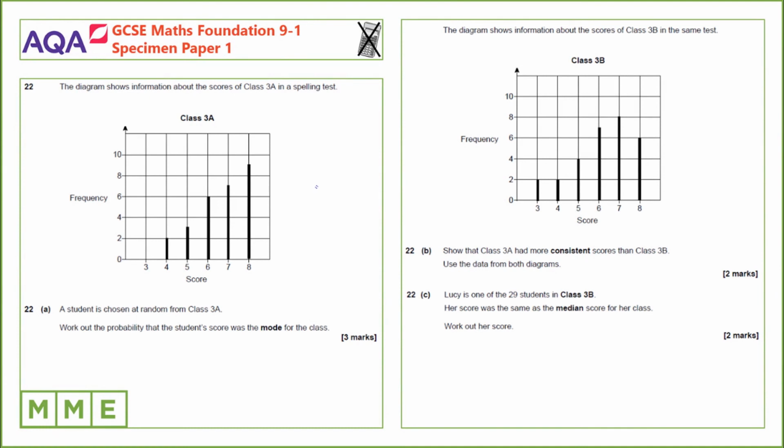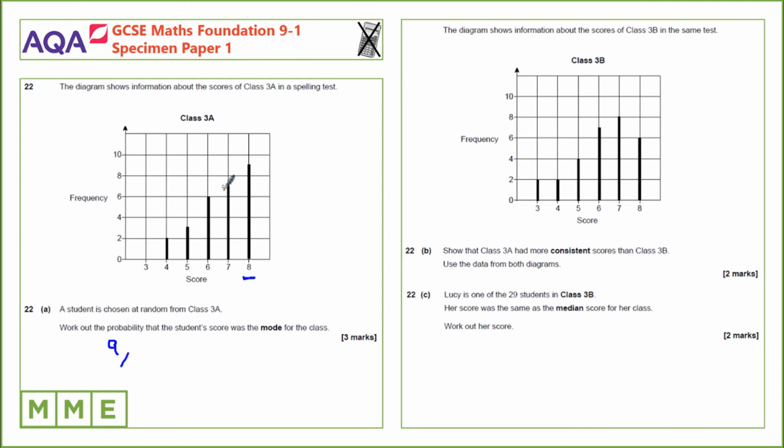Question 22. The diagram shows information about the scores of Class 3A in a spelling test. A student is chosen randomly from Class 3A, and we need to work out the probability that the student's score was the mode for the class. The mode is the score that was achieved most often, which in this case we can see is 8, as it has the highest bar. 9 students achieved that out of the total of the class, so we need to add these up.